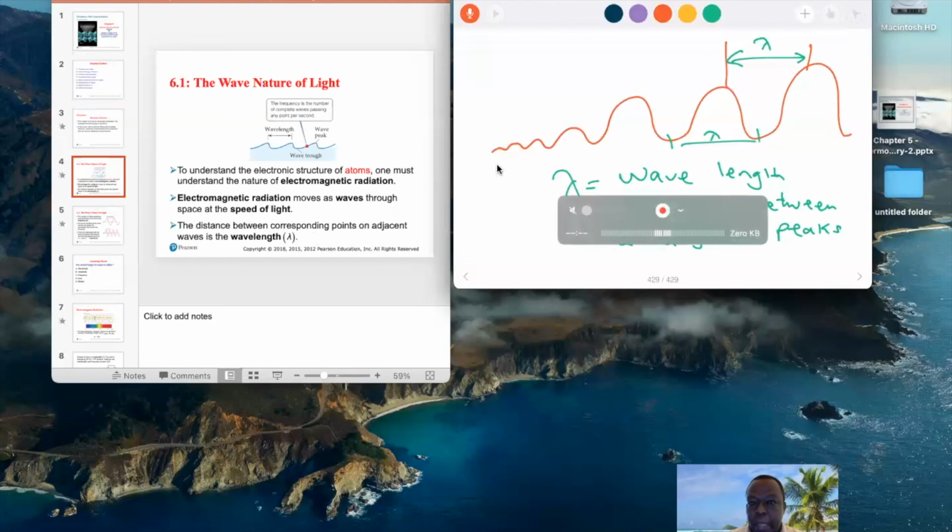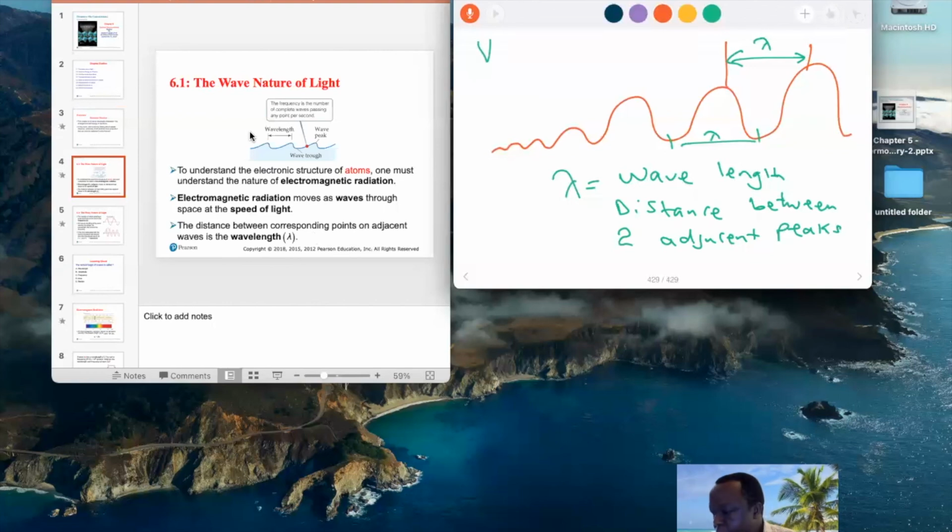Now, one thing I want to bring to your attention is, why do I have this notation on my whiteboard? So that you can reconcile with the colors of the rainbow, or the visible region of electromagnetic radiation, something we can see with our naked eye.